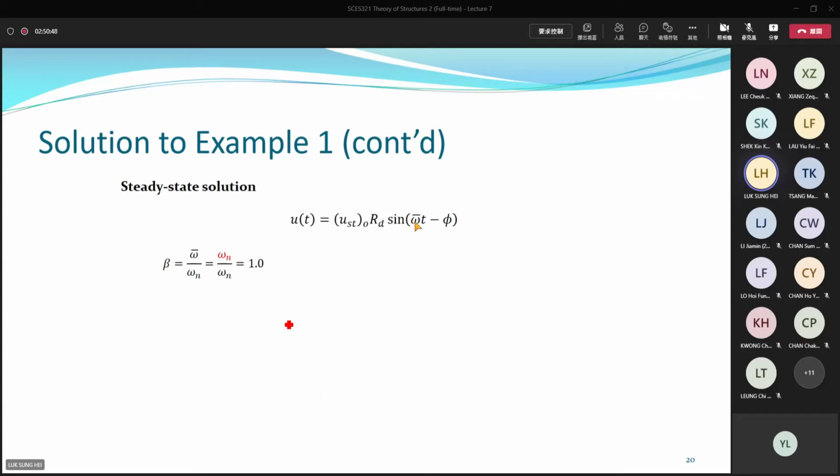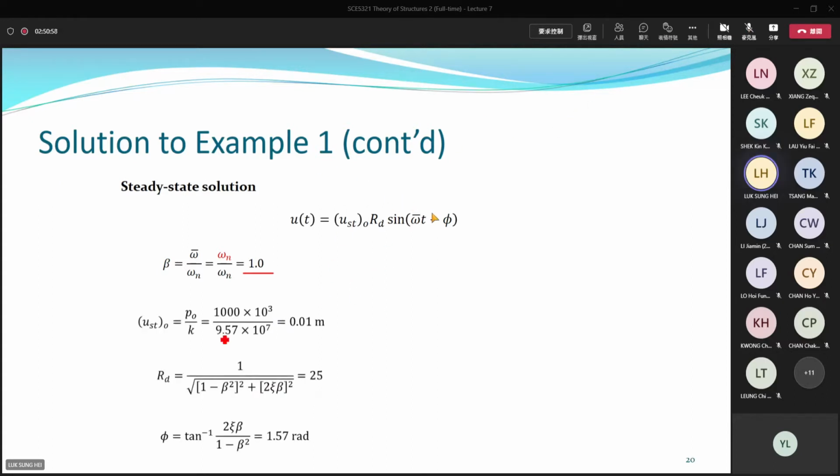The last one, at resonance. At resonance, beta equals 1. We redo all the things again. UST equals 0.01 meters, which is equal to 10 mm. RD, wow, we have a big number.